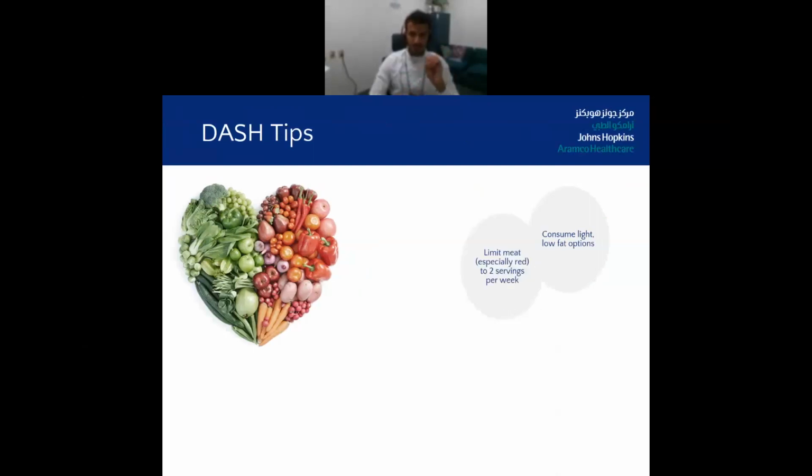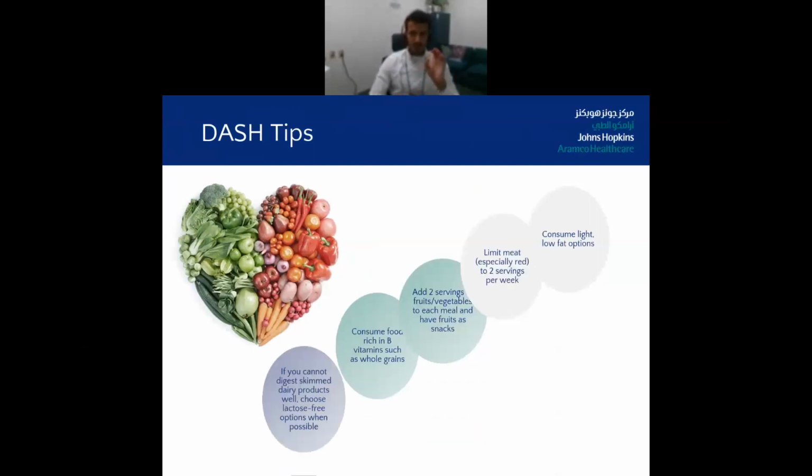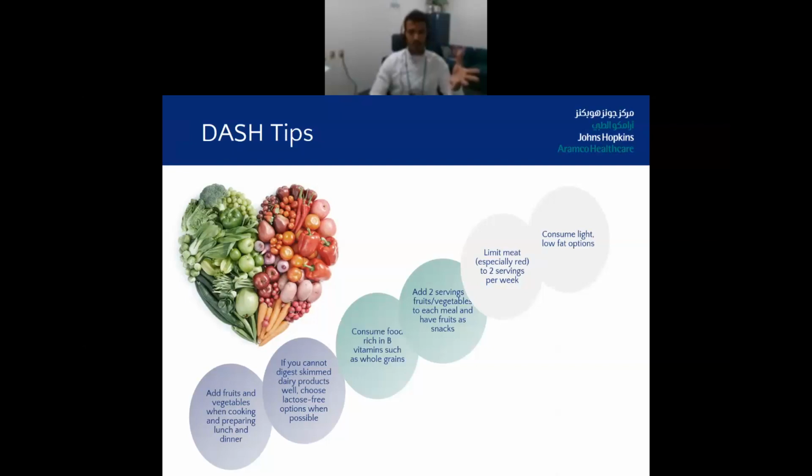So here are some tips that could help us develop and follow the DASH diet. Try to consume light or low-fat options. Limit meat consumption, especially red meat, to 2 servings per week, and also add two servings of fruits and vegetables to each meal, and have fruits as snacks.